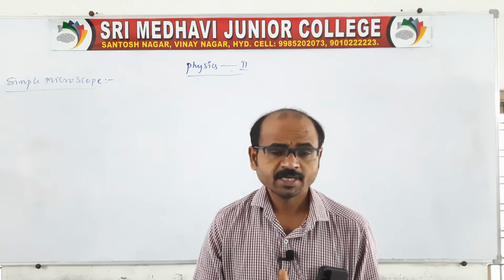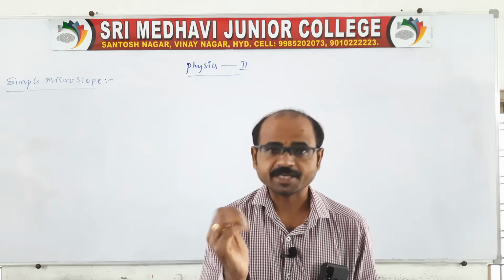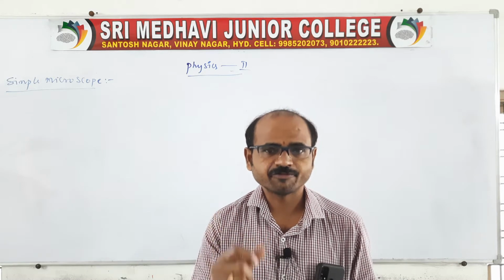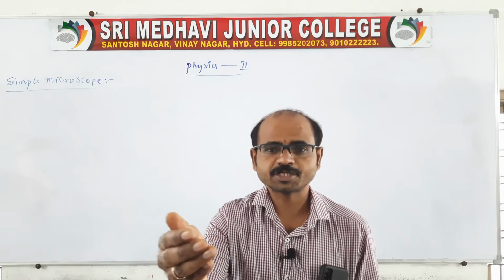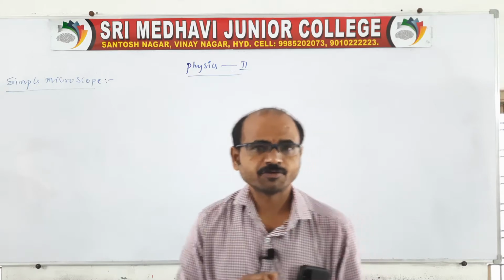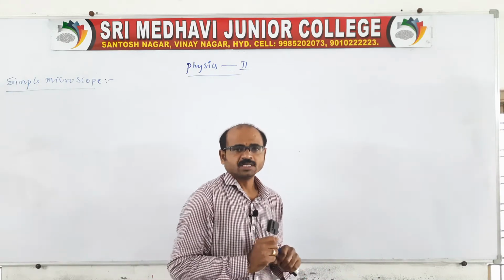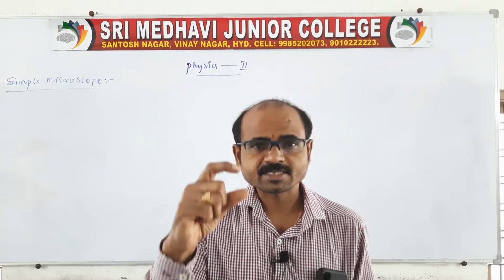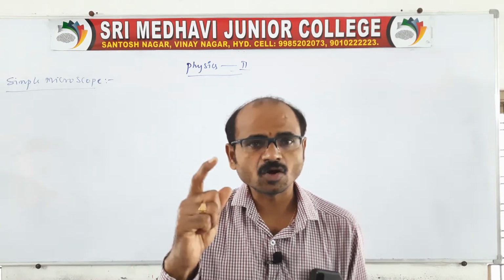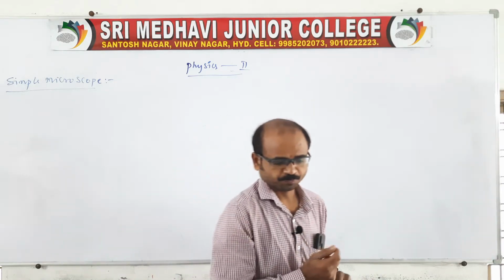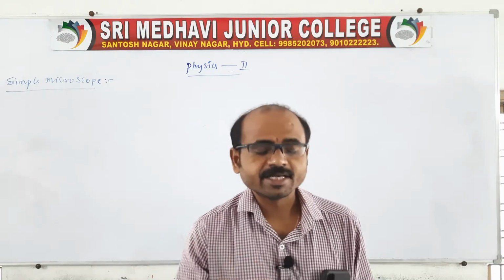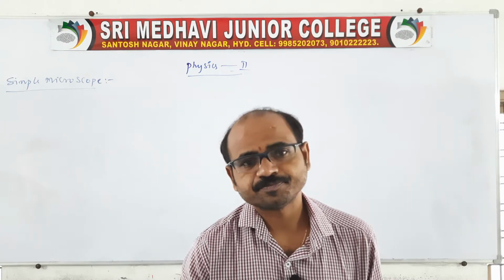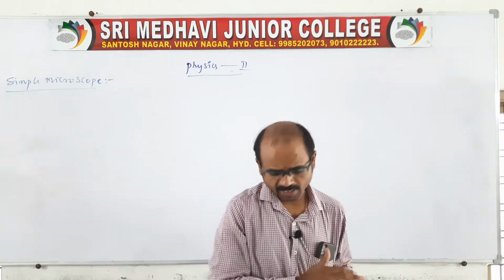When the object moves towards the eye, the size of the image gradually increases, an enlarged image is formed on the retina, and the visual angle increases. That is about the visual angle.